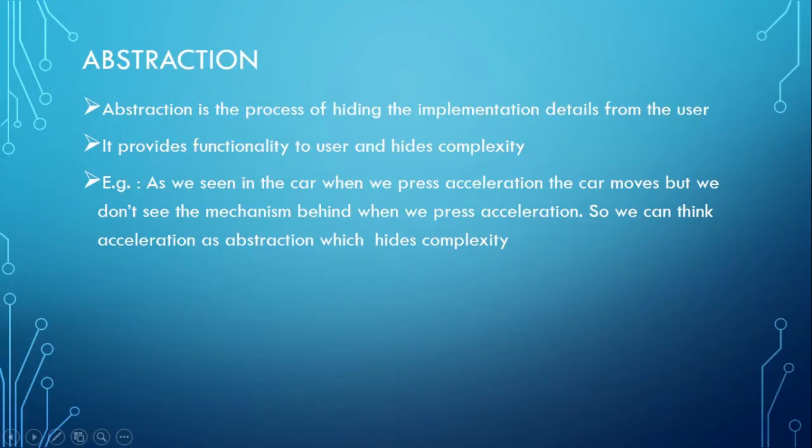Let's talk about abstraction. Abstraction is the process of hiding the implementation details from the user. Abstraction provides functionality to the user and hides the complexity. For example, as you see in the car, when we press the accelerator, the car moves, but we do not see the mechanism behind what happens when we press the accelerator. So we can think of the accelerator as an abstraction which hides the complexity.